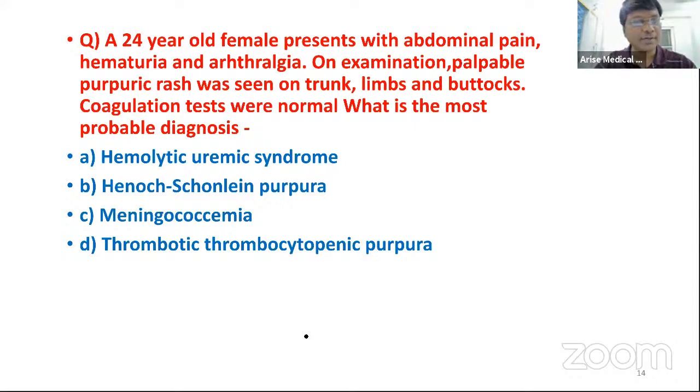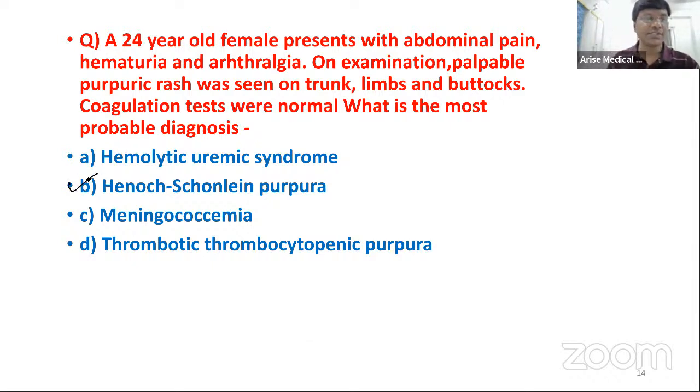What is the most probable diagnosis in this patient? Hemolytic uremic syndrome, Henoch-Schonlein purpura, meningococcemia, or thrombotic thrombocytopenic purpura.